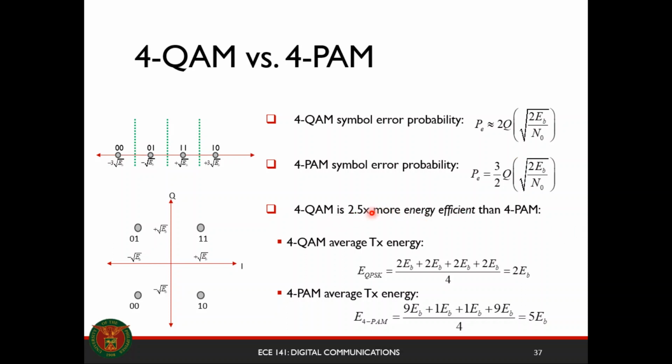You can verify this by getting the average transmit energy of 4 QAM compared to your 4 PAM. Even though your 4 PAM is more robust compared to your 4 QAM, it is less energy efficient since 4 PAM consumes a lot more energy compared to your 4 QAM. Right? So this is the calculation for that.